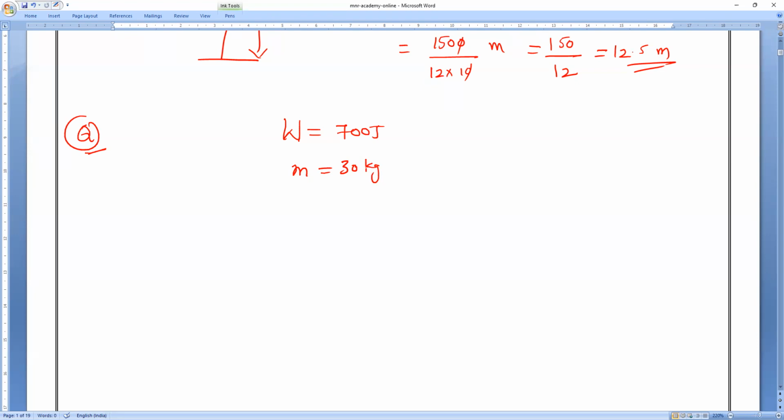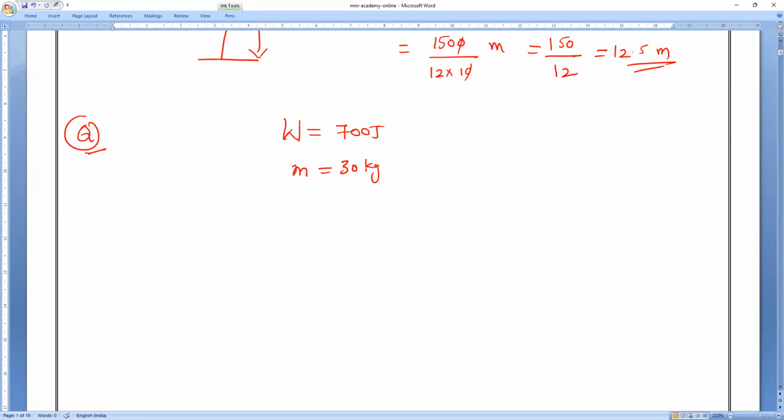Calculate the depth up to which the bucket is raised by her in the well. Clear everybody?